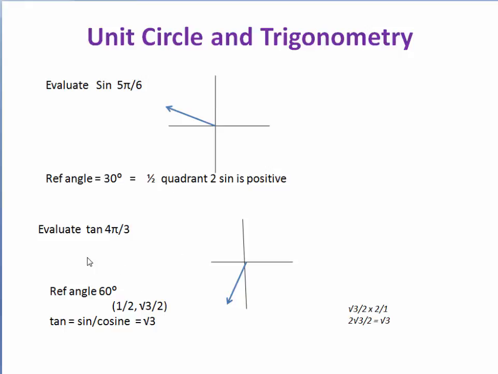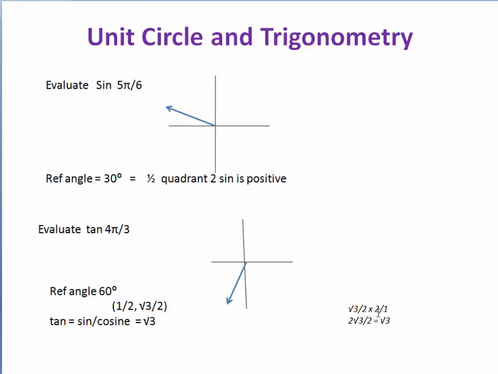Evaluate tan 4 pi over 3. So 4 pi over 3 lies here. This is our reference angle that we're going to use, this 60 degrees. And then for 60 degrees we've got tangent as sine over cosine, root 3 over 2 divided by a half. And that gives us the tangent as root 3.